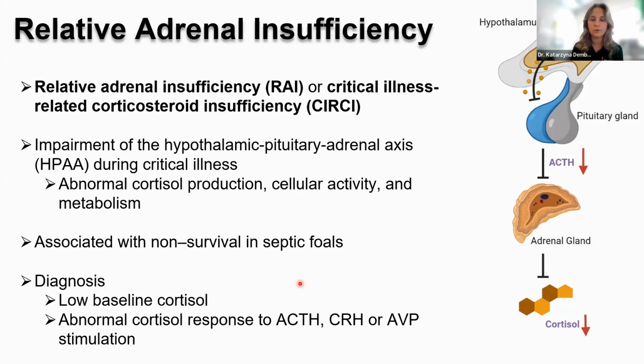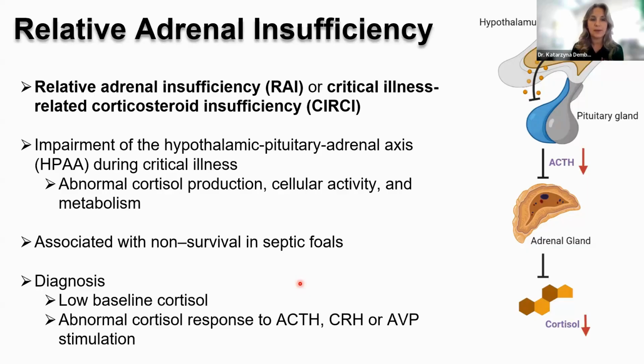So usually there is low cortisol production, abnormal cellular activity of cortisol, as well as altered metabolism of cortisol. There are several mechanisms involved in the HPA axis dysfunction. And it's been shown in critically ill people and other species, as well as in septic foals, that CIRCI is associated with increased mortality as well as severity of disease.